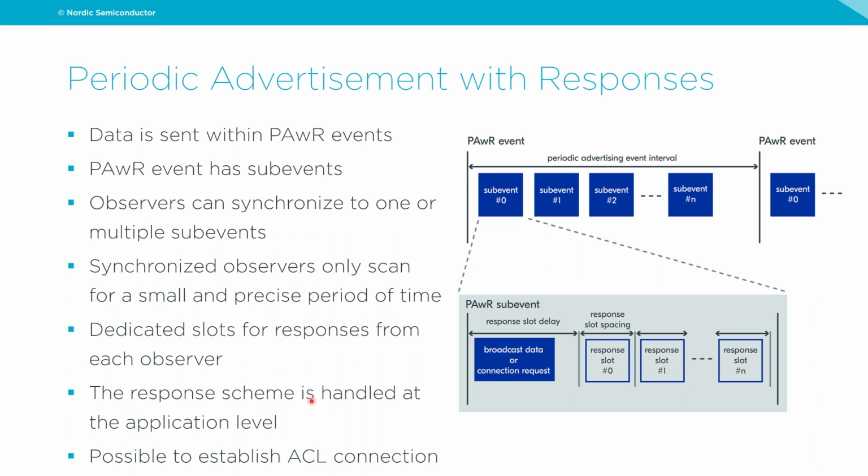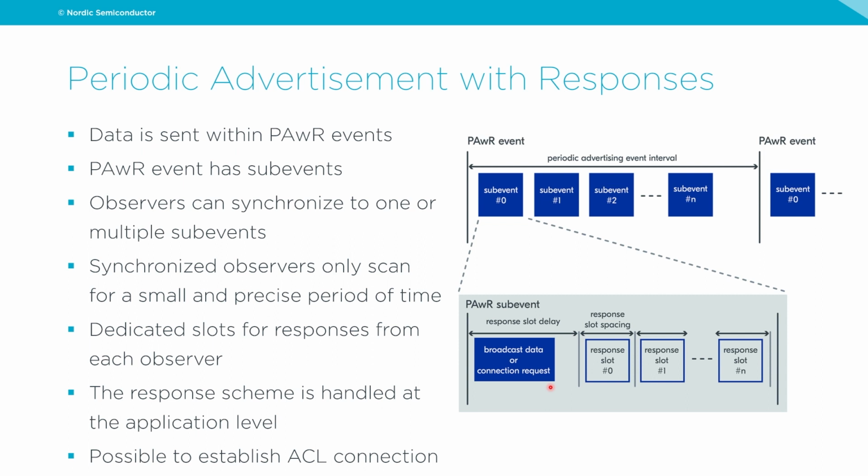The other thing that's worth pointing out is that this feature also allows you to establish a connection. So you can either broadcast data, or you can also send a connection request. Going back to the ESL example, let's say that you want to send new pricing information to a certain tag or a group of tags, or some configuration data.